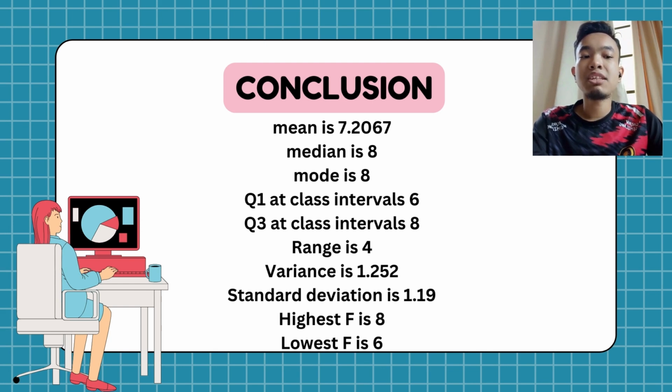Examination of the mean statistic through SPSS and manual calculation shows that the results are 7.21 and 7.2067 respectively, while the results for median, mode, standard deviation and variance show the same figures for both methods. It also goes the same for the range, maximum and minimum value, and position for the first and third quartile.